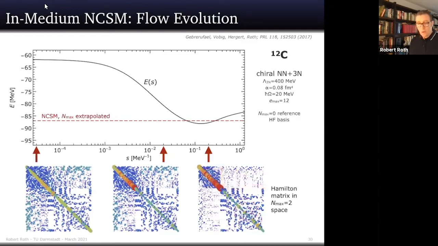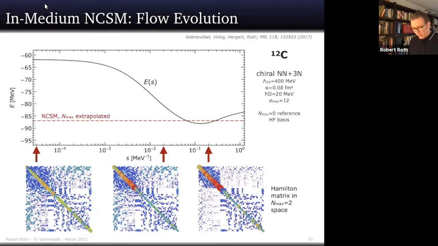So if this were completely absent, zero matrix elements everywhere, then it would be absolutely sufficient to solve the eigenvalue problem of this little matrix, and you would be done, because this little block would not talk to the rest of the Hilbert space anymore. So that would be another Nmax 0 calculation, and you would be done.